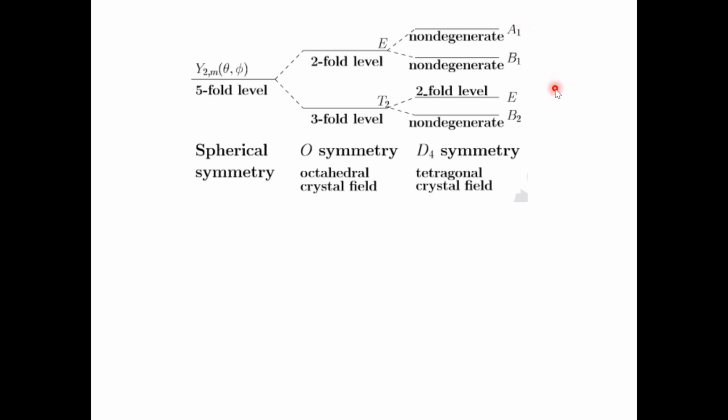So we can start to see here something which is probably already very familiar to you, that when you have groups with a small number of elements, a small number of symmetry operations, the degeneracies get smaller and smaller. You start with a very symmetric situation that allows you to have a 5-fold degenerate level. You reduce it to O symmetry and it splits into 3 plus 2.